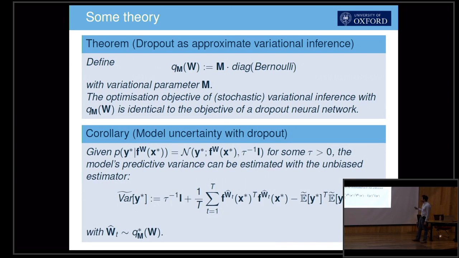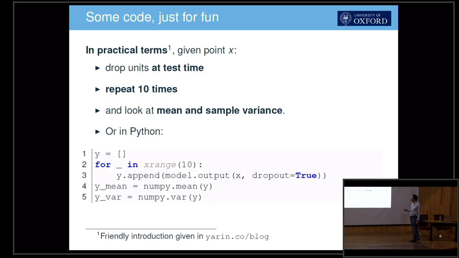So what does that mean? That basically means that we can get model uncertainty using dropout. In more practical terms, if you give me an input X, I'm going to feed that input X through the model, do a stochastic forward pass. I'm going to do dropout at test time without updating the weights, just a stochastic forward pass. I'm going to get some output Y. I'm going to feed the same input X, do another stochastic forward pass, and get a different output Y with a different dropout mask.